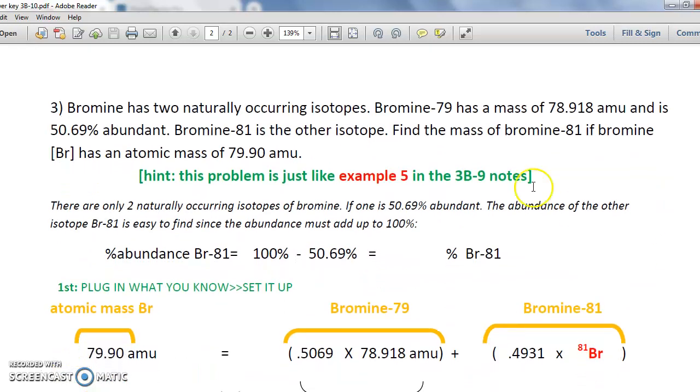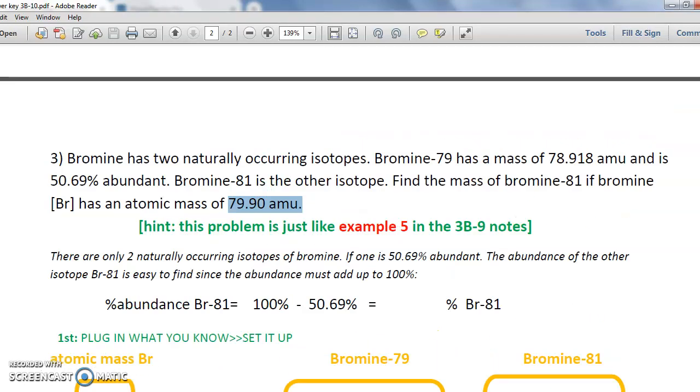Bromine has two naturally occurring isotopes, bromine 79. It has a mass of 78.918 AMUs, and 50.69% of all bromines are bromine 79. The other isotope is bromine 81. In this problem, they're asking for the mass of bromine 81, but they gave us the atomic mass, 79.90.